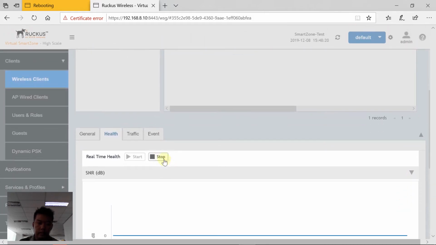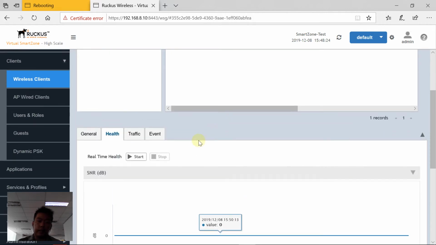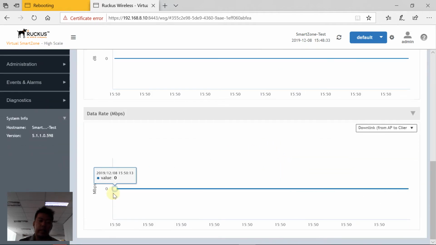Because there is no traffic, the dB as signal to noise ratio result is 0, and the data rate is also 0.